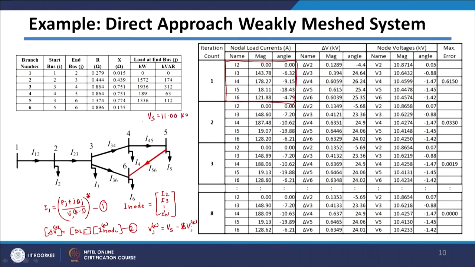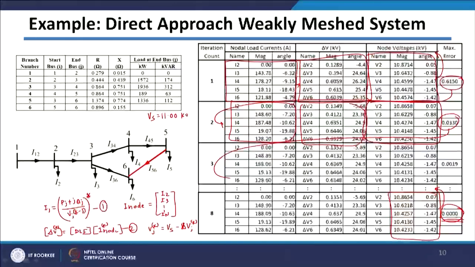So, Vs is 11 kV, then using equation number 2 get delta V, then using equation number 3 update the voltages, then compare with the voltages of the earlier iteration, get the error, go to the next iteration, again calculate current, delta V, update the voltages, get the error, and keep repeating until we converge to a result where the error between voltages of this iteration and the earlier iteration is negligibly small, or you can say below the tolerance value.